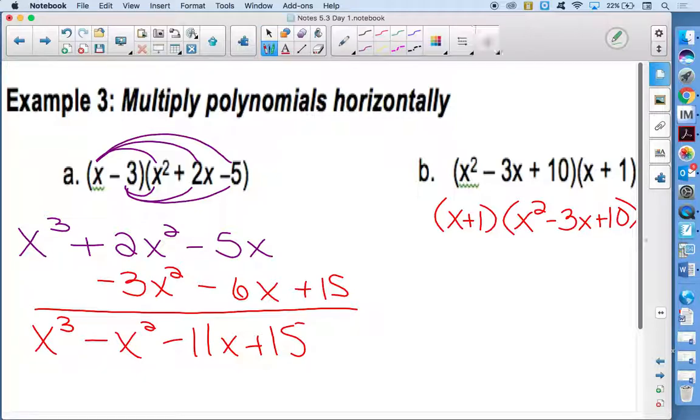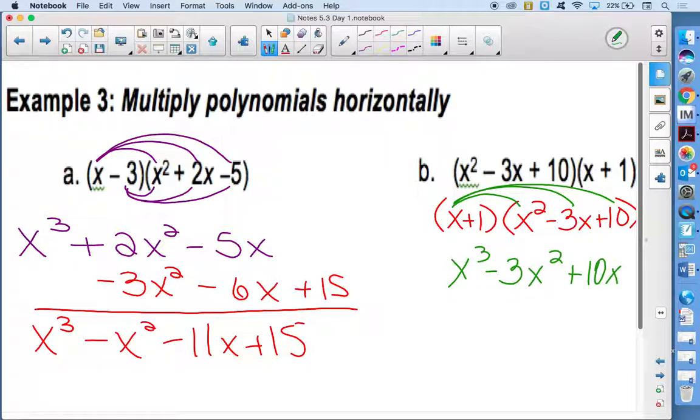So if we multiply this, again, it doesn't matter what order you chose to do it in, but fewer mistakes are made when a 2 term is multiplied with a 3 term. So we would have x cubed, minus 3x squared, and then plus 10x.